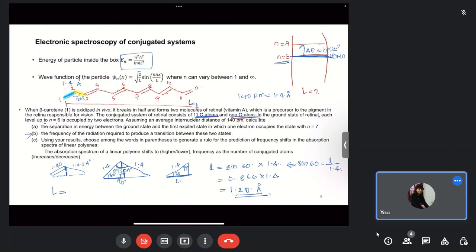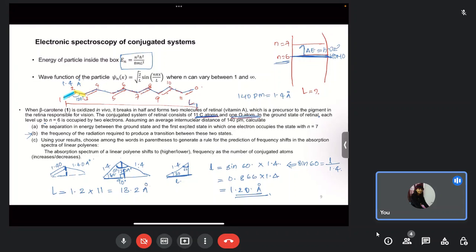L is equal to 1.2 into 1, 2, 3, 4, 5, 6, 7, 8, 9, 10, 11. 11 such bonds, right? So into 11. This is 13.2 angstrom.